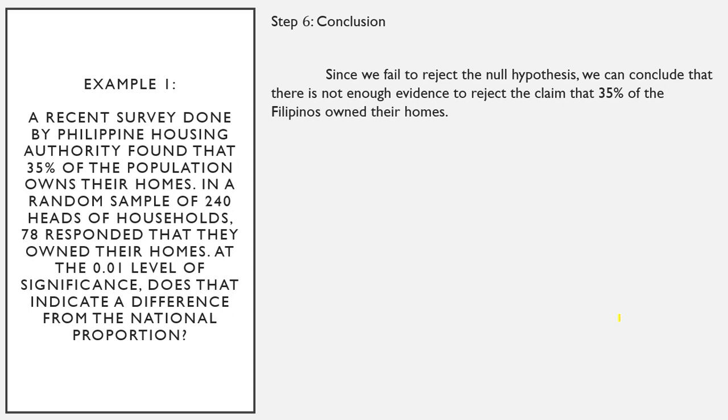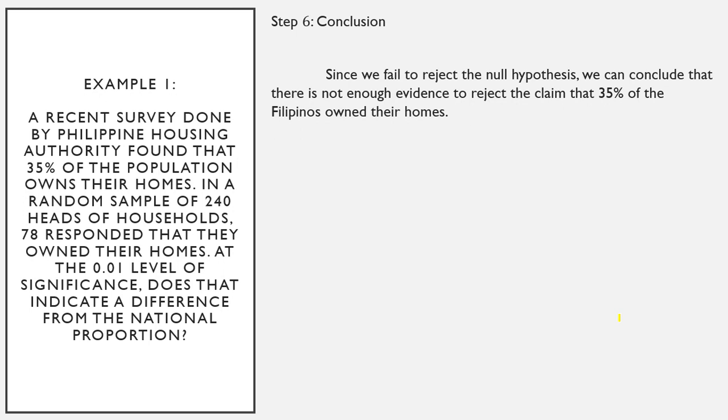So my conclusion, since we failed to reject the null hypothesis, we can conclude that there is not enough evidence to reject the claim that 35% of the Filipinos own their home.